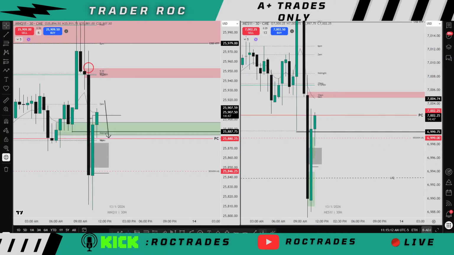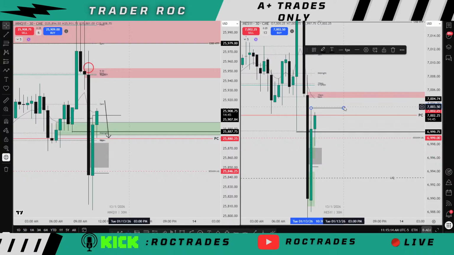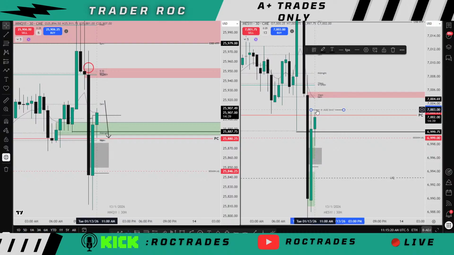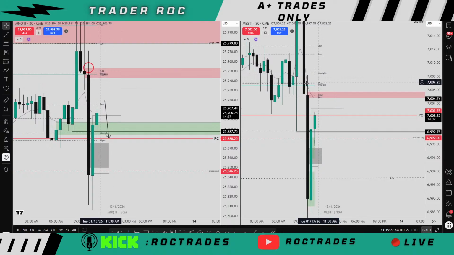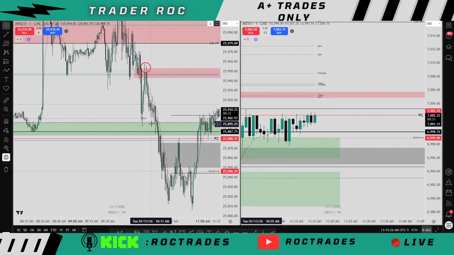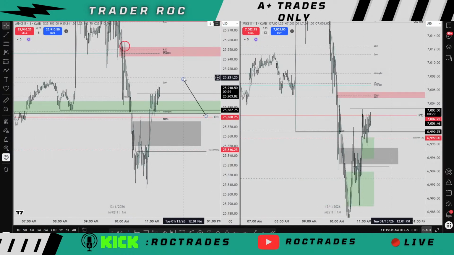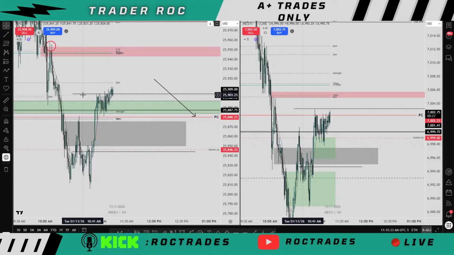Also, 30-minute gap here on ES should create a bit of rejection for us. And that's where I'll wait to get in. Once we fill in that gap and we show that the sellers are not in control, then I'm going to be interested in going long.